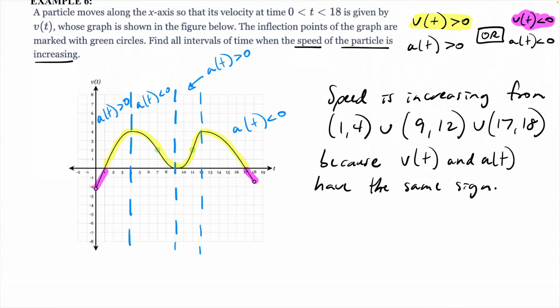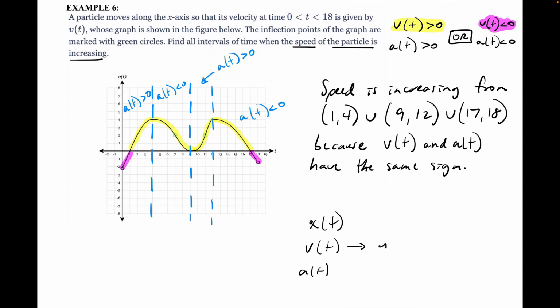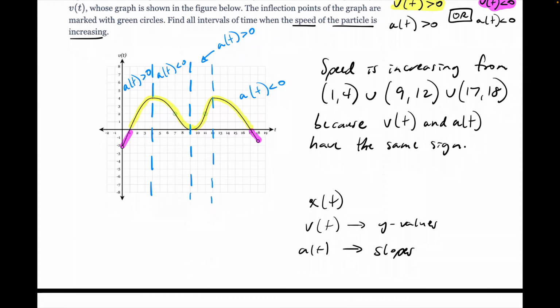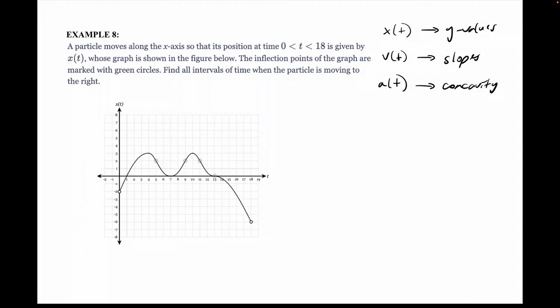Whereas in number 6, it was a sliding scale. We didn't even have v of t, a of t, right? So this guy was y values, and this guy was slopes. Okay? So it's a sliding scale. That's the difference. It just depends on what's given. What is given, that's where you start.